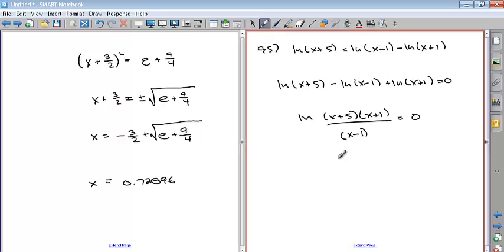So then you'd say e to the natural log of this whole thing is equal to e to the 0 power. E to the 0 power is 1. And the left-hand side just becomes x plus 5 times x plus 1 divided by x minus 1.